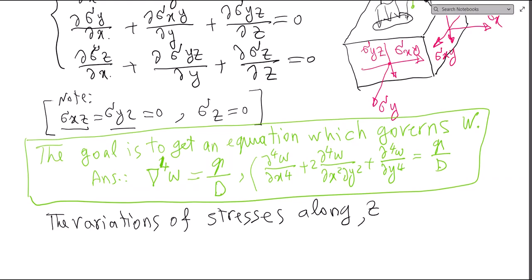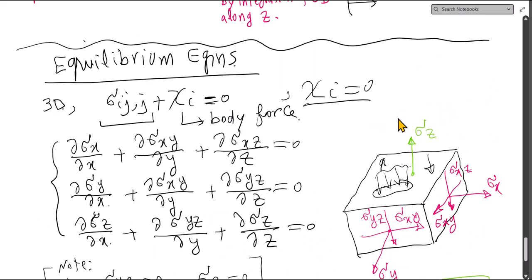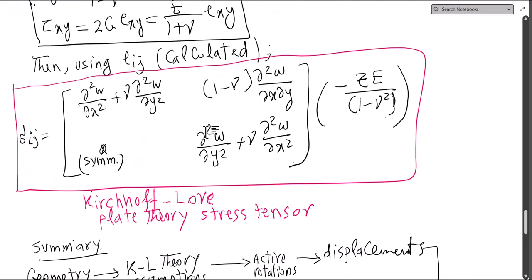So if you go back to the stress and pick up the first one, this is sigma x, obviously multiplied by this coefficient here.